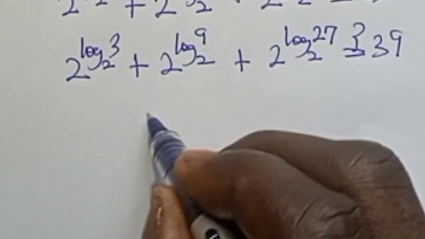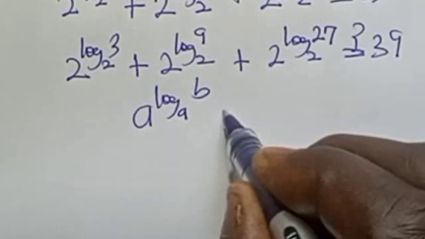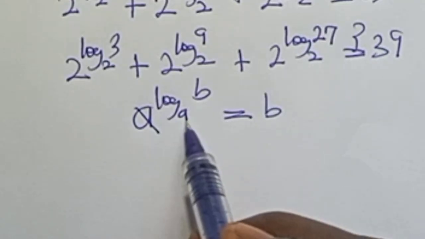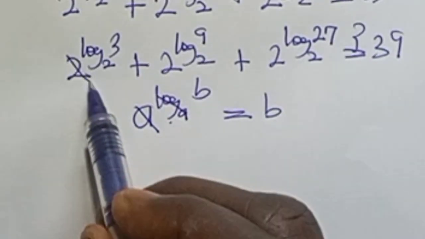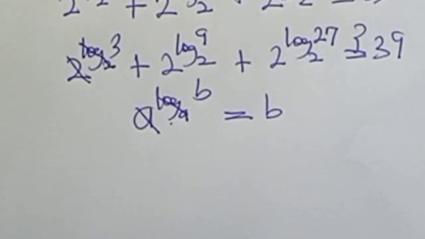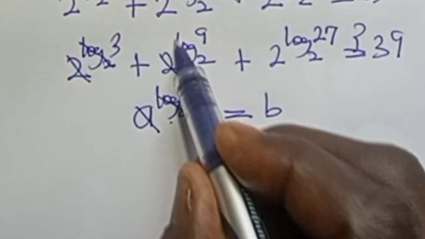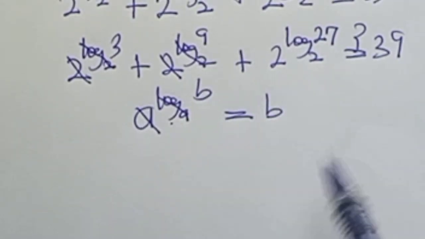So recall that a to the power of log b base a is given as b. So here, 2 and log to base 2 will cancel out, leaving us with 3, and 2 to log 9 base 2 will cancel out, leaving 9.